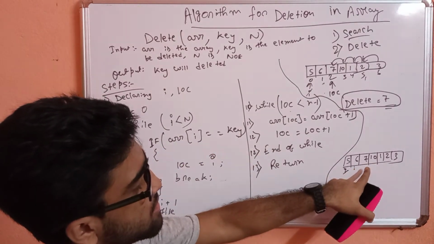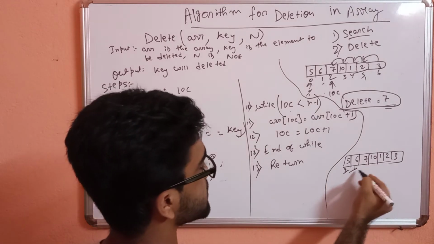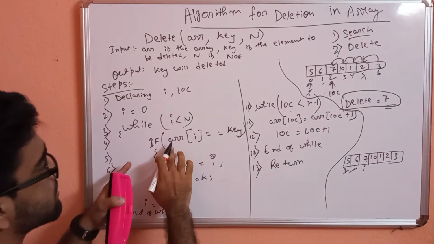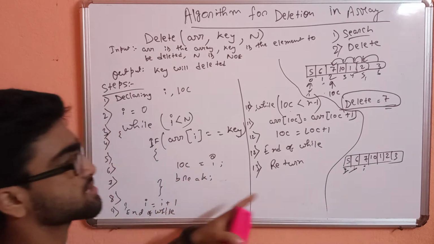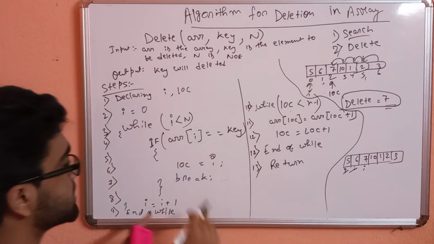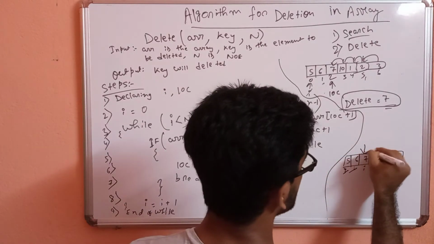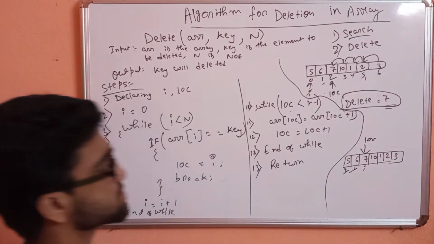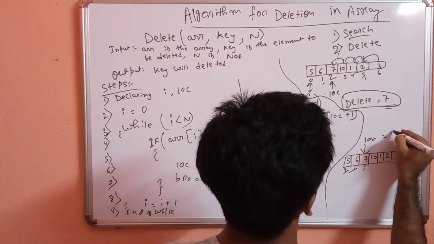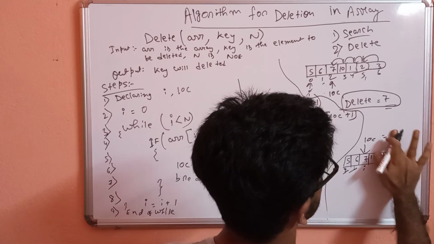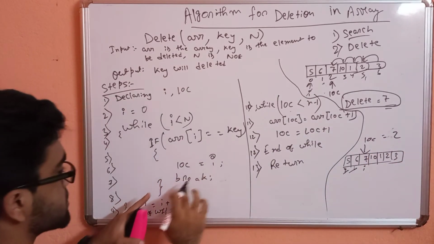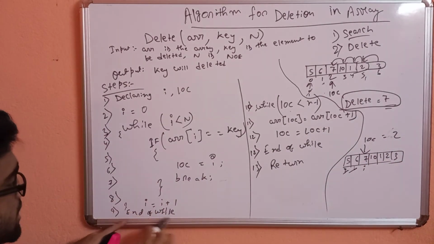Is 6 equal to 7? No. Then it will again increment I. Now is ARR of I equal to 7? Yes. LOC equals to 2. We are pointing this position at LOC. Then breaking from the loop, the end of while.